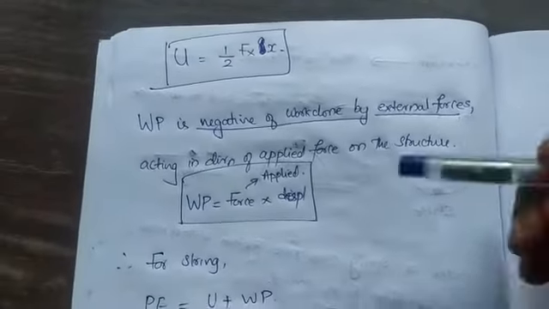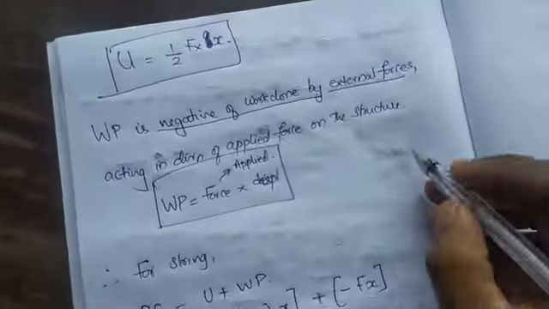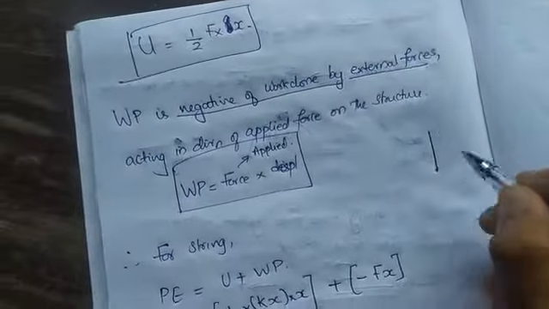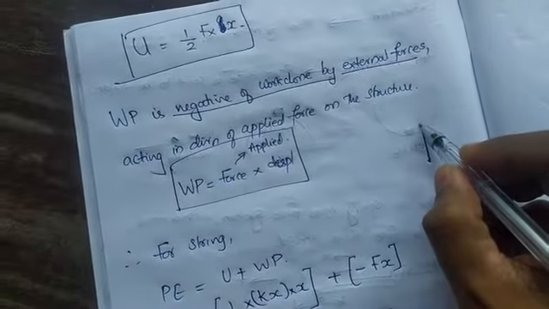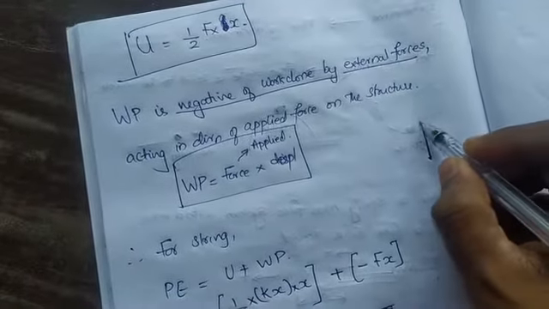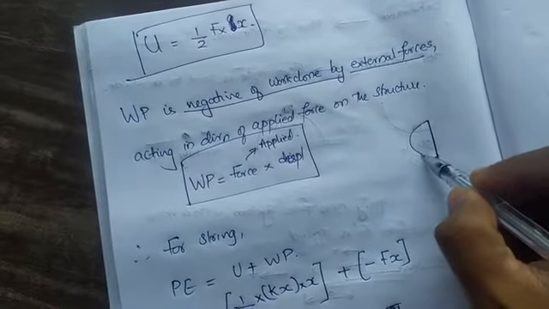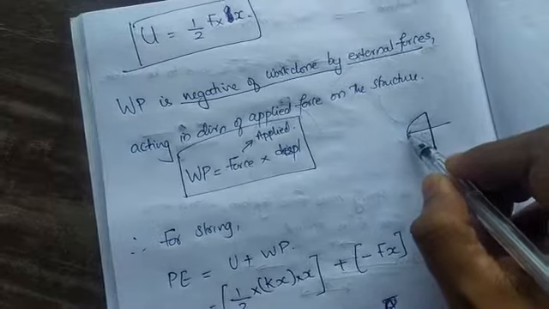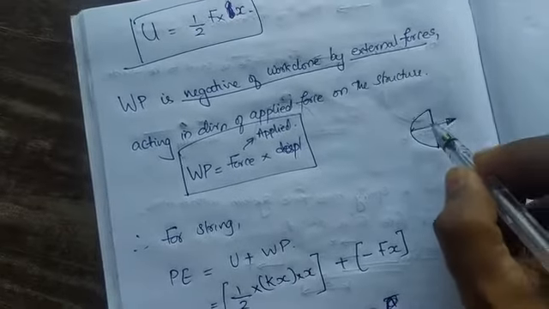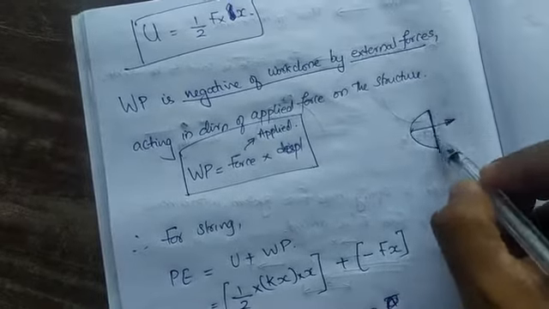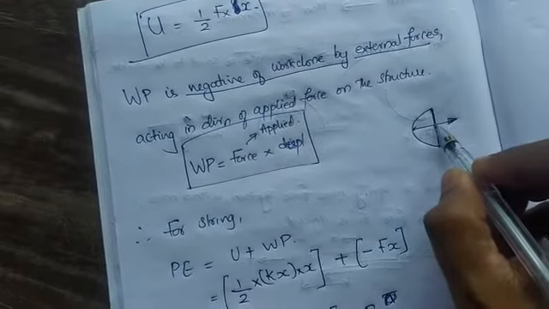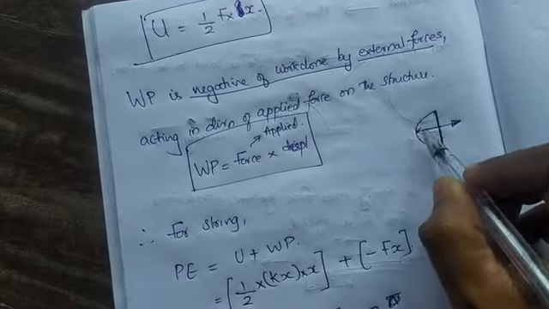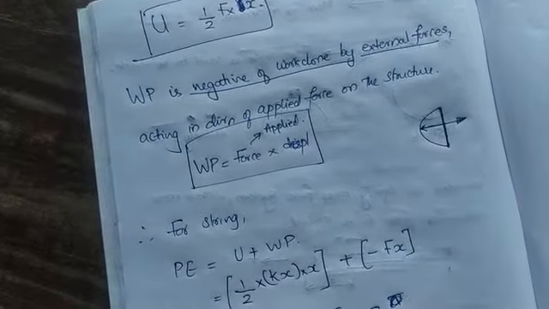See, these are very important. Consider an elastic structure, say a bow and arrow case. Initially this was its position, and if you stretch it, you are increasing its strain energy.